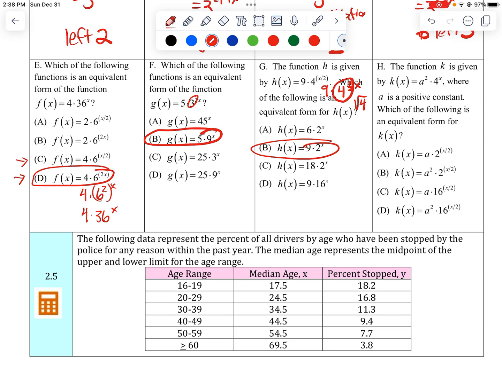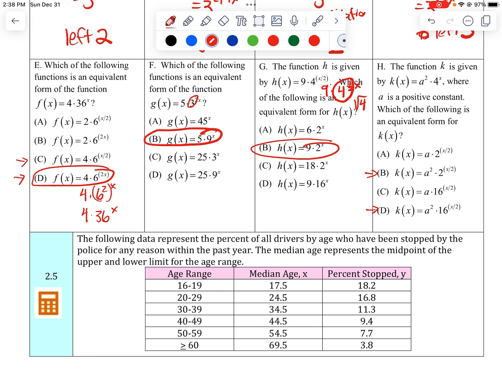And the function k is given by a squared times 4 to the x, where a is a positive constant. Which of the following is an equivalent form? Okay, so we have to have a squared. So it still has to be one of those. And 16 and 2 is the difference. Well, 4 to the x.